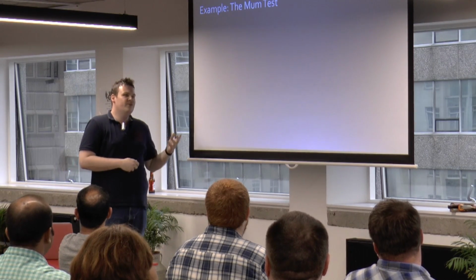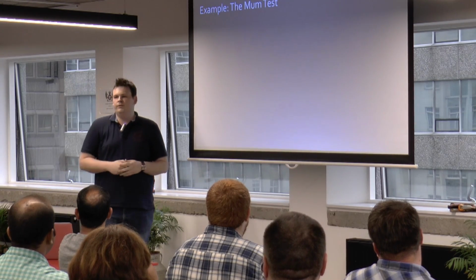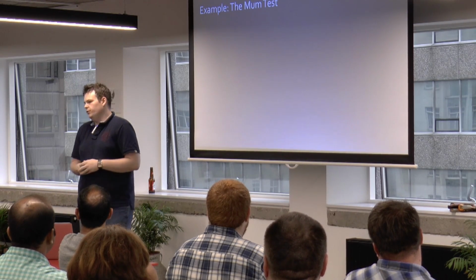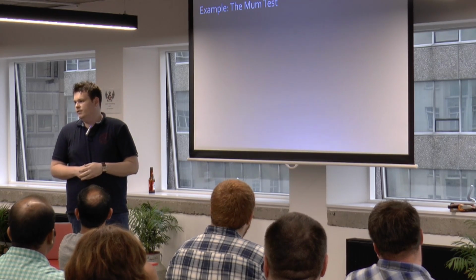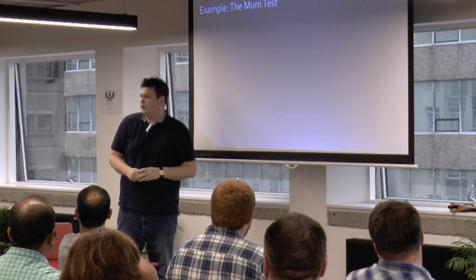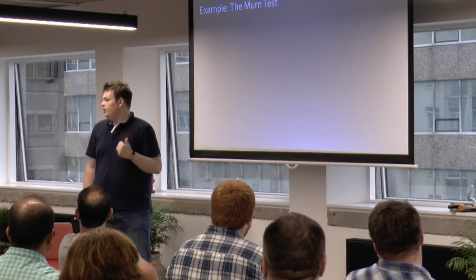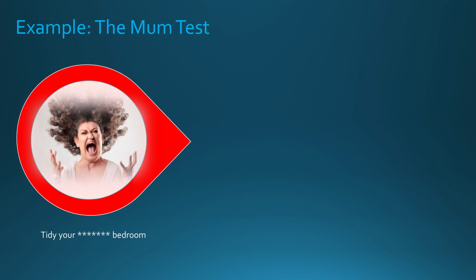So as a real-world example, I'll take the mum's test. You're sat in the lounge, your mum turns to you and she goes, "Go tidy your room." The first thing you do, you know it's not tidy, you say, "It's tidy." She goes marching upstairs, and then you bell her down, go, "Get up here and tidy your bedroom." So you march upstairs and you go and tidy it. You failed the test instantly.